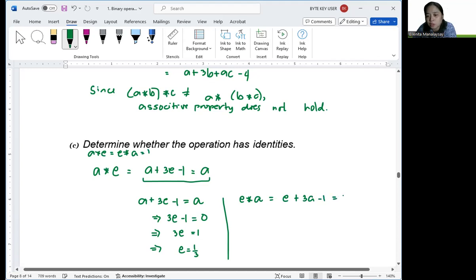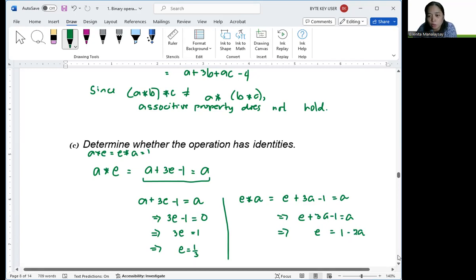Okay, and this should be equal to A if E is the identity element. So this implies that E plus 3A minus 1 is equal to A, which further implies that E is equal to 1 minus 2A.